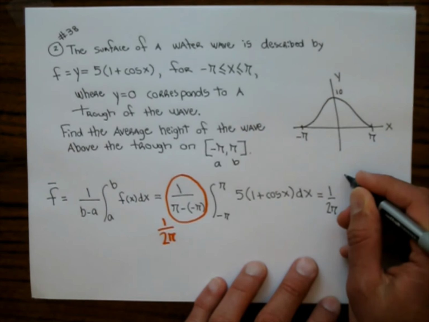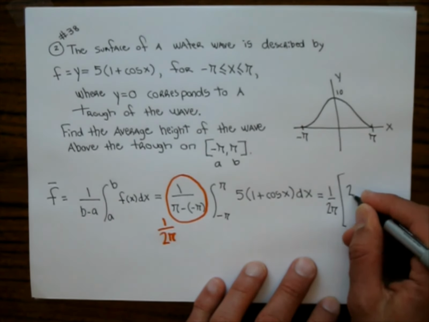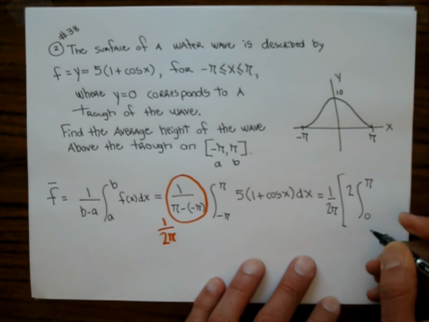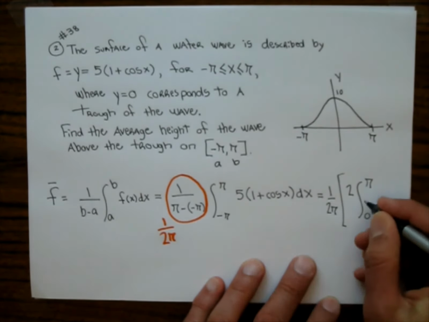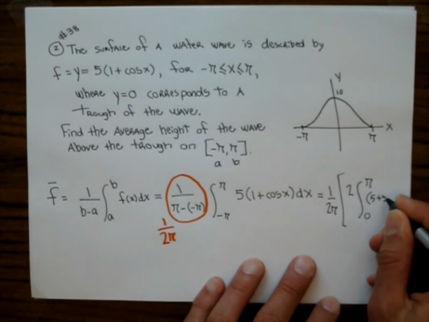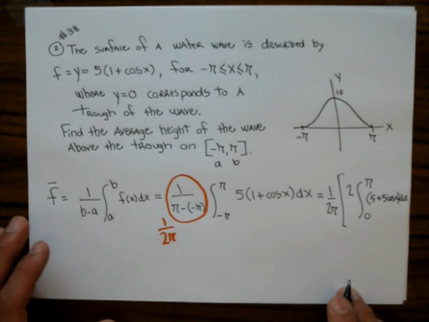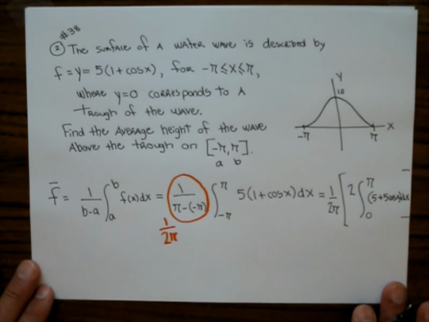And then to evaluate this, I'm going to write this as 2 times the integral from 0 to pi of this even function, which happens to be 5 plus 5 cosine x dx. I guess there's the other part of my parenthesis that you can't see. It went off the paper.